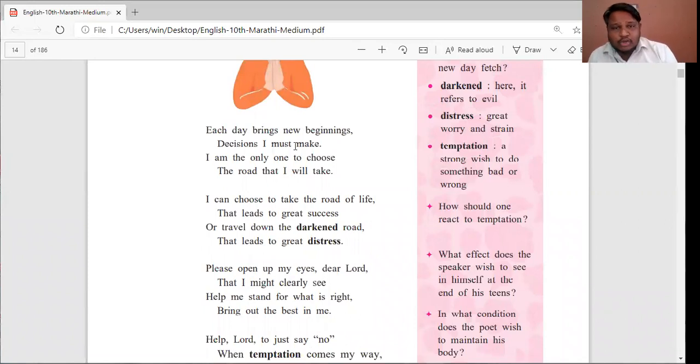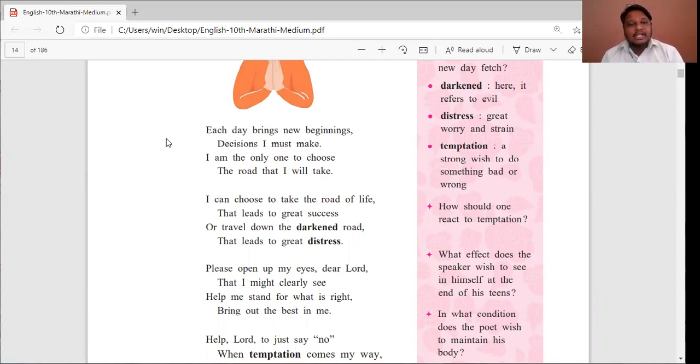Each day brings new beginning, decisions I must make, I am the only one to choose the road that I will take. By these lines the poet wants to say each day, every day, brings new beginning, and that new beginning is most important for taking my own decisions of my life.